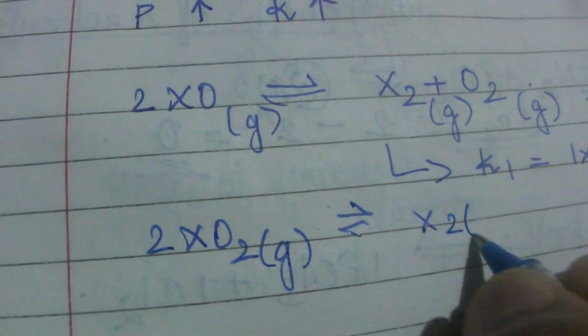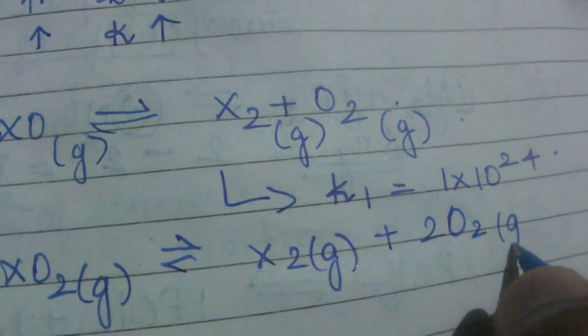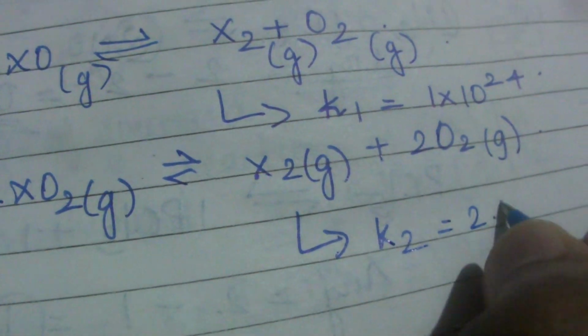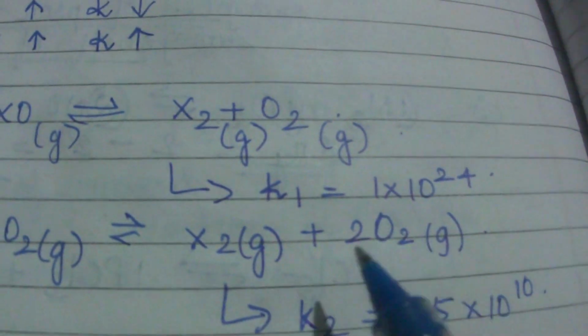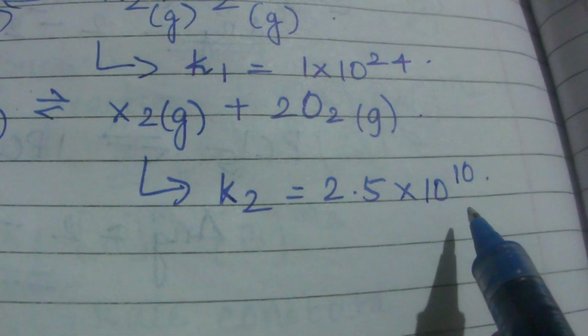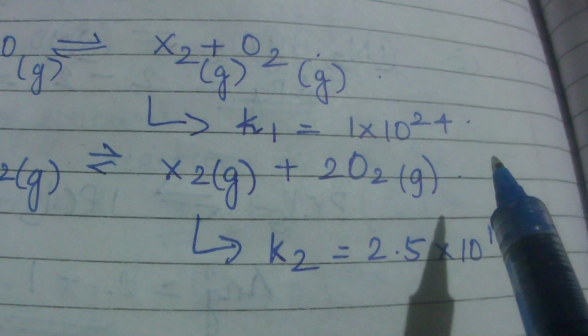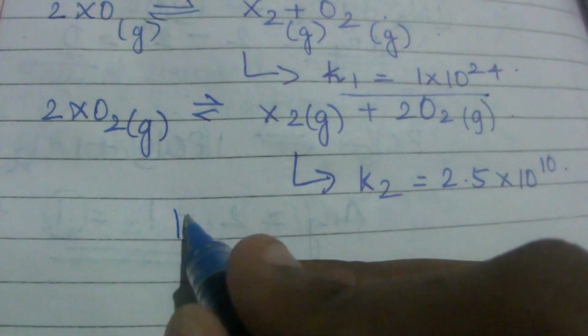Reversible reaction will give you X2 gas plus 2O2, which is also a gas. And here you have been given K2 is equal to 2.5 into 10 power 10. So which is greater, K1 or K2? Obviously K1 is greater. Am I right? So here K1 is greater than K2.